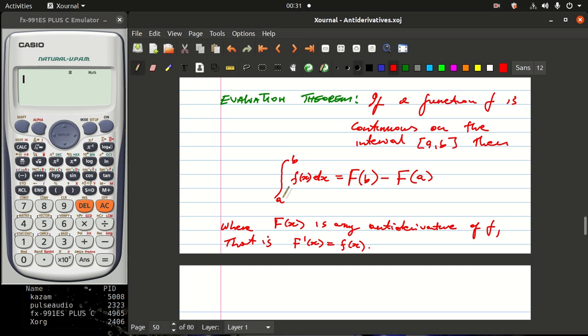They are the same because of the evaluation theorem. When someone asks you for the evaluation theorem, you must know that they want this statement there. Let me see if I have some examples now so that we can work on them. And then, of course, after working with these examples, I want us to end up talking about what I call the fundamental theorem of calculus.